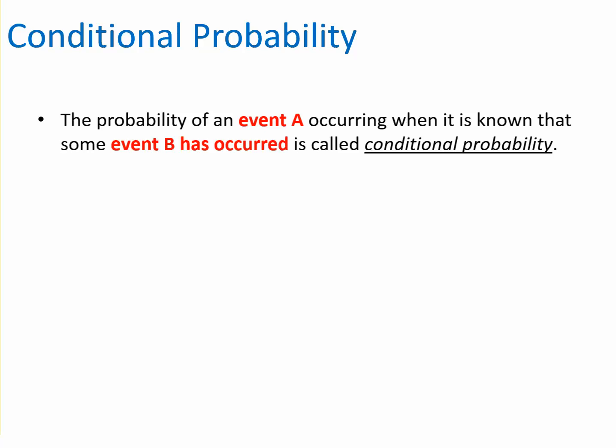So when I say probability of an event A occurring when it is known that some event B has occurred, if you want to find the probability of me tripping, given that yesterday I had already tripped, if yesterday's event had occurred, it affects my next one. That's why we say it's conditional. It's conditional in the sense that it's dependent on what happened before.